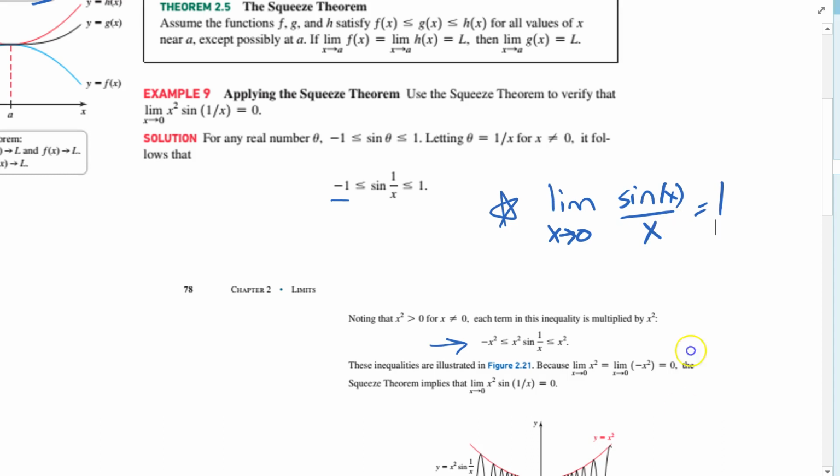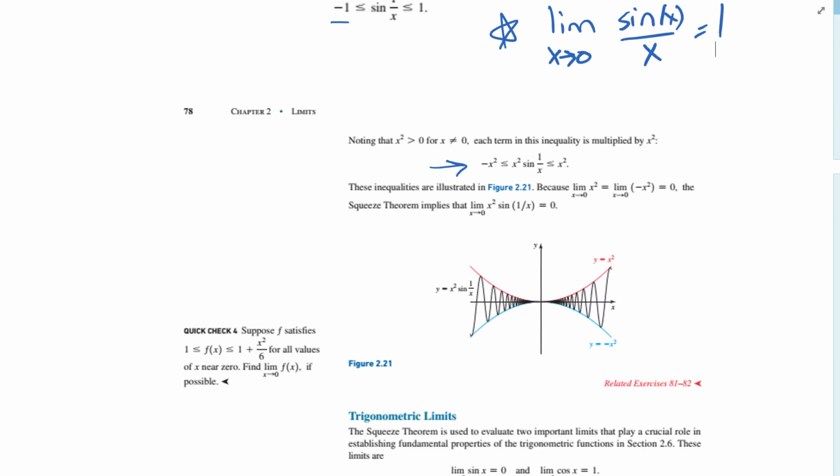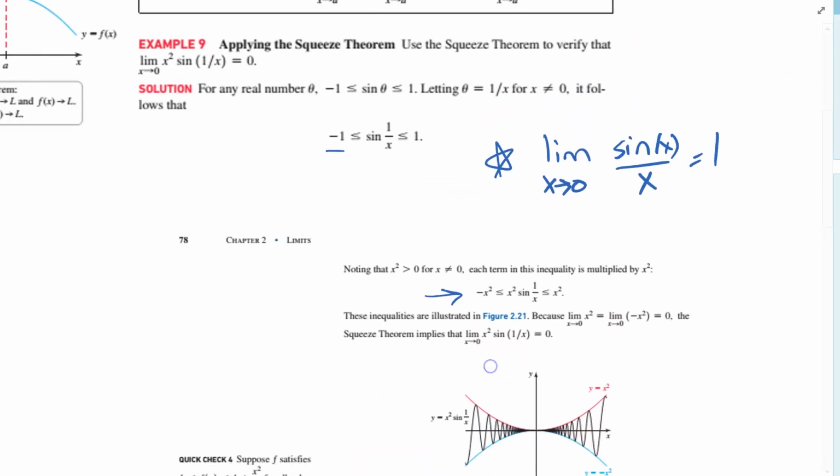The proof is actually in the book on page 78 and 79, where they take the sine of 1 over x. Here it is going to be bound by minus 1 and 1, because sine of anything is bound by minus 1 and 1.